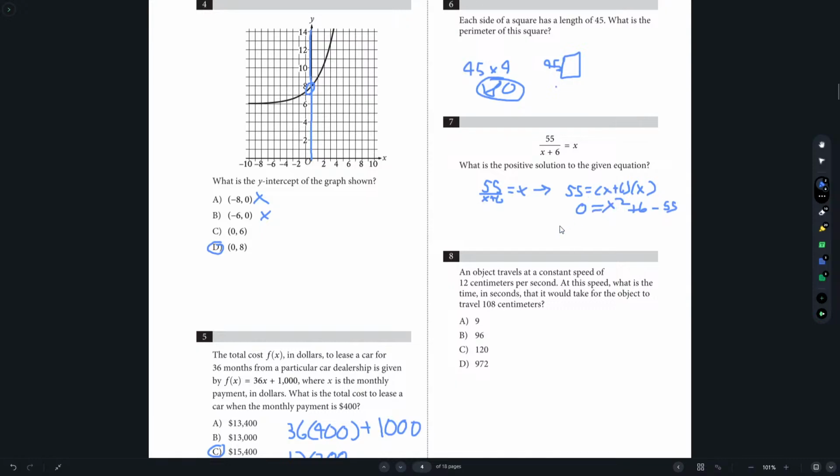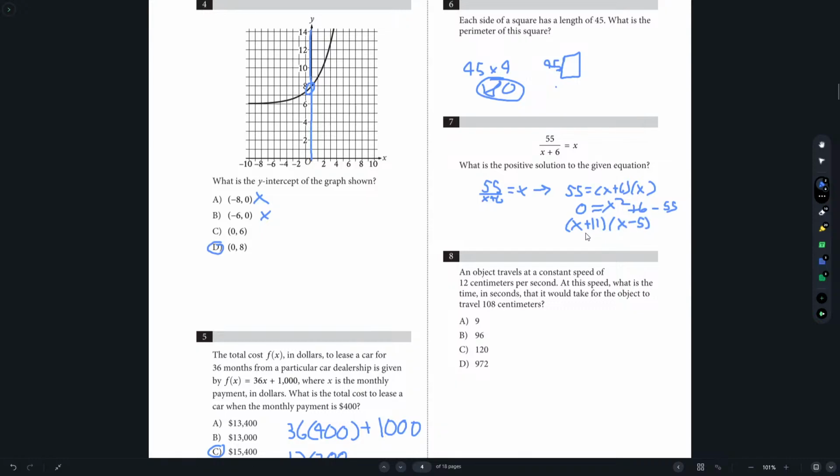So now we need to find factors of 55 to solve this quadratic. And they need to sum to 6, so the smaller number is going to be negative and the larger number is going to be positive. In this case, I'm thinking positive 11 and negative 5. So we have x, in this case, it'll be plus 11, and then x minus 5, which should give us negative 55, multiplying the negative 5 and the 11.